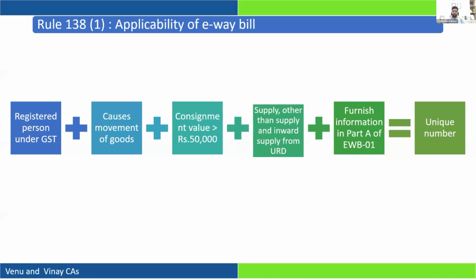Clubbed together, the value is 2 lakh, whereas individually it is 40,000. In this case, do I need to generate the bill for this? Please put your answers in the chat box.